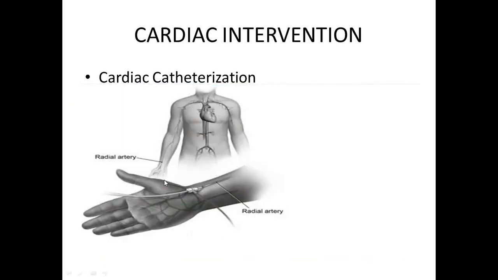Okay, so again, when you do your radial approach, remember your radial artery eventually comes up, and you have your right subclavian, which goes into the innominate artery, which enters the aorta, and then you can come down the aorta and cannulate the blood vessels around the heart. The same thing, you put your femoral arteries, your radial arteries right there.